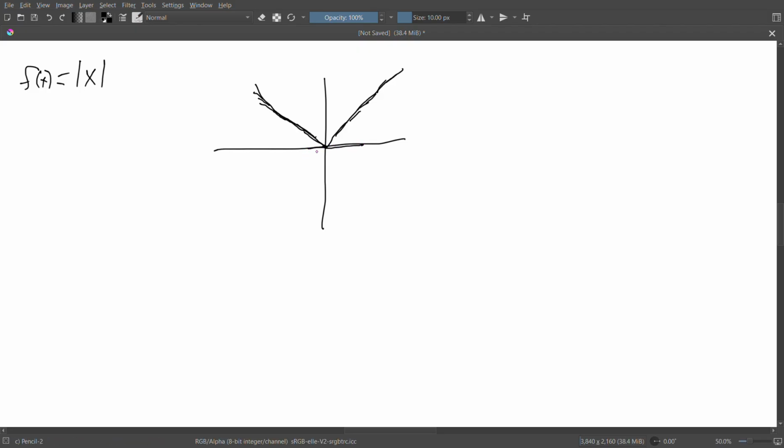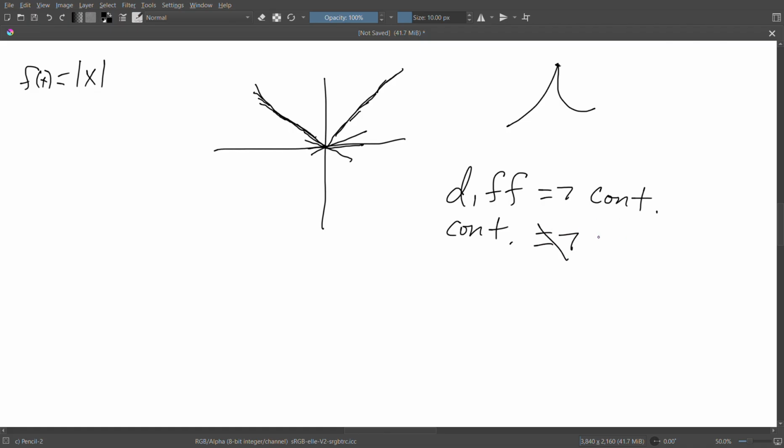I can draw it with 0. It's only going to touch that point. I can draw it with 1/2. I can draw it with -1/2. So it's not differentiable at what we call sharp points. So if it's got something like this, that point right there is not differentiable. So differentiable implies continuity, but continuity does not imply differentiable.